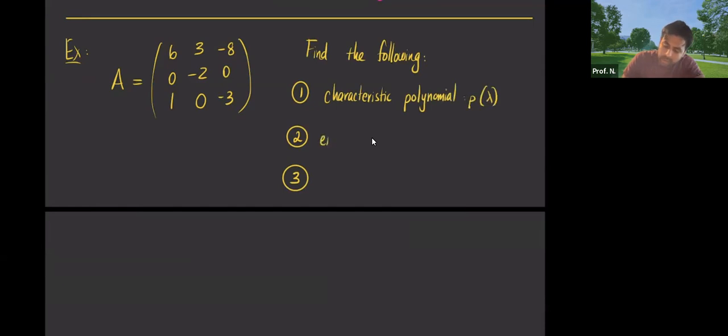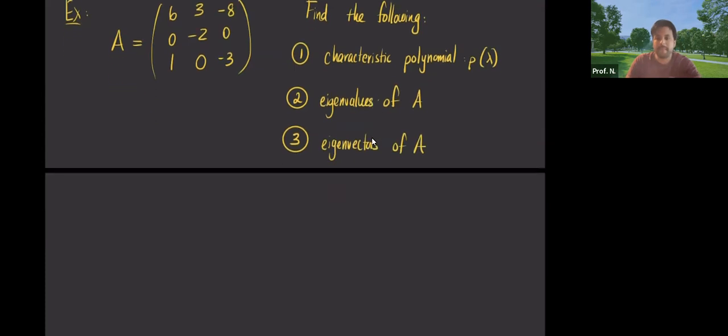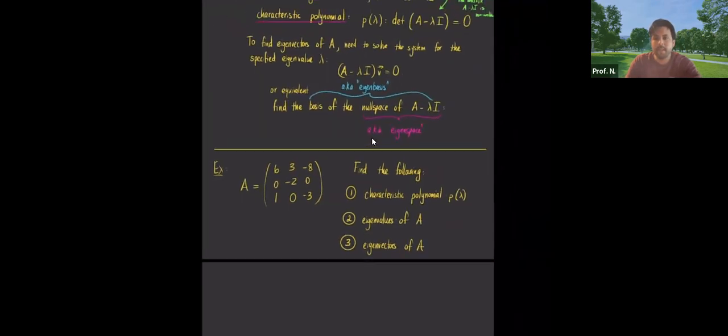Second thing is find the eigenvalues of A. And then the third thing is to find the eigenvectors of A.